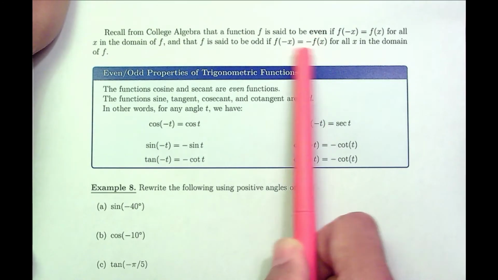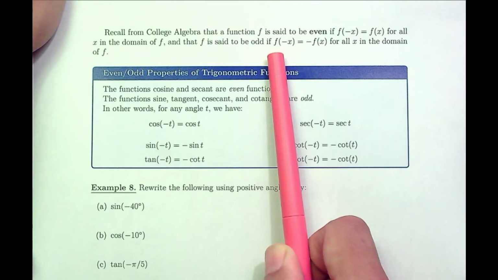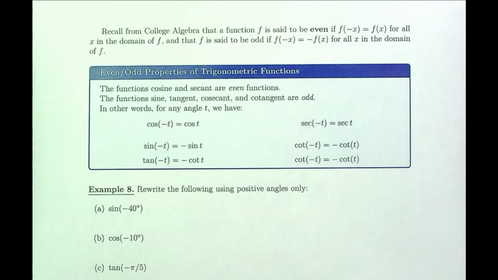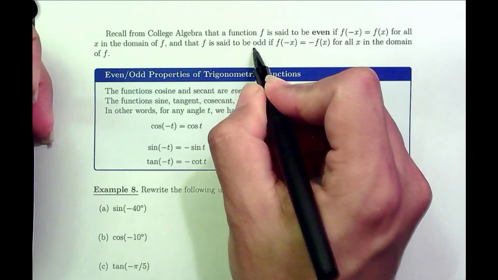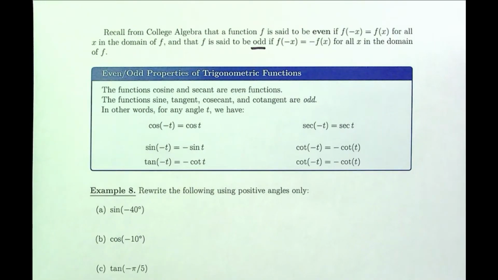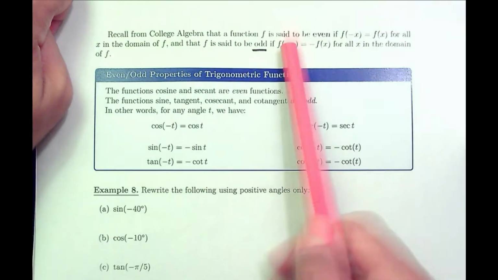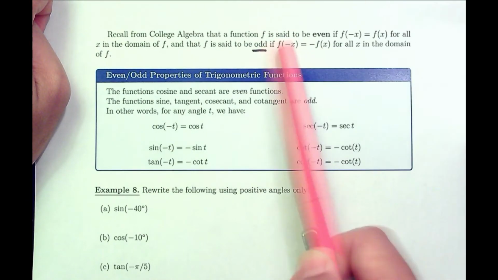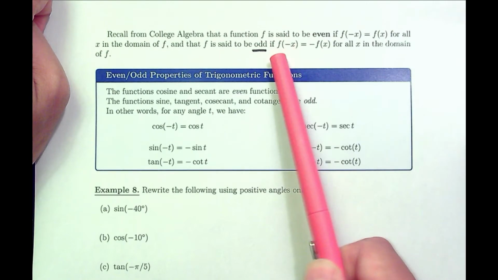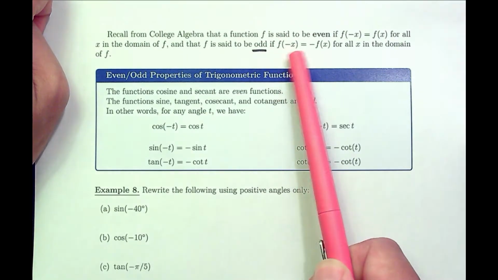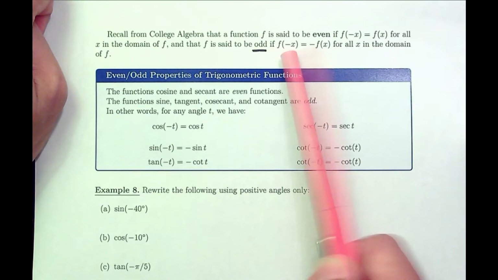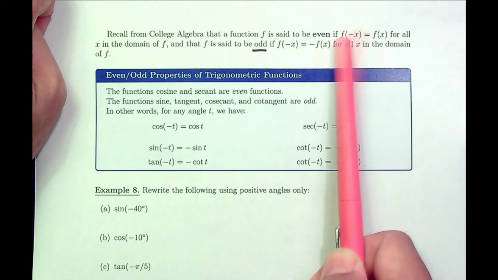And also remember that a function is said to be odd if whenever you plug in a negative number, the negative sign is pushed out. So basically, the function spits out the sign. You move it out. So f of negative x, after you simplify, is the same as negative the original function. So for even functions, you can drop the sign.